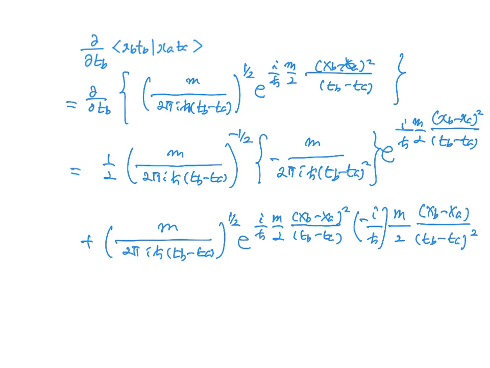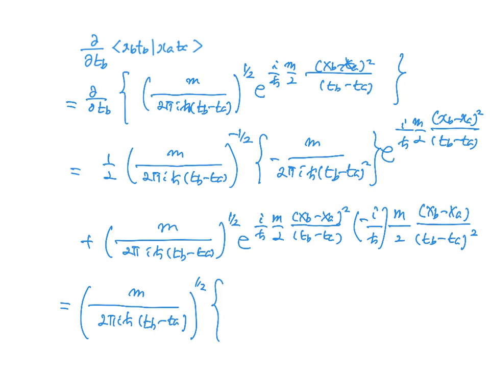So this can be combined together with a common factor, m over 2 pi i h bar (tb minus ta) to the 1/2.